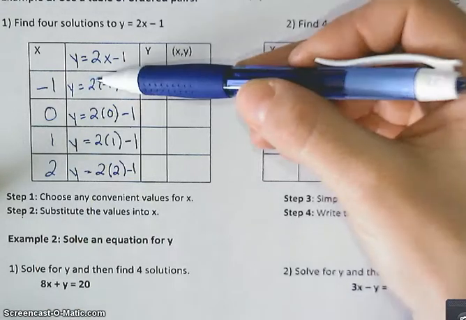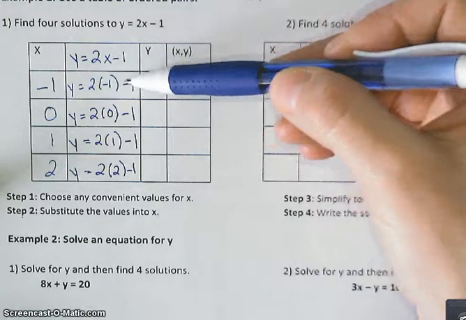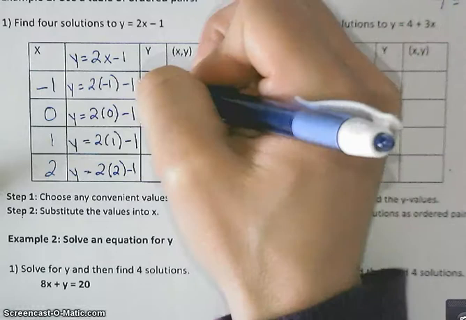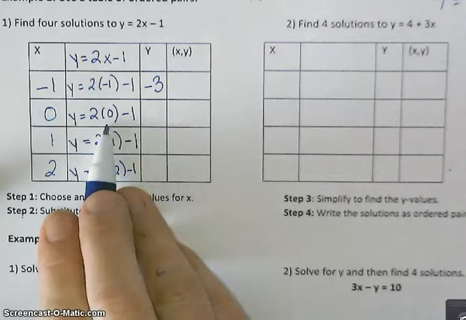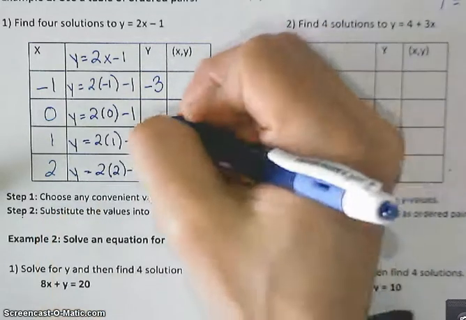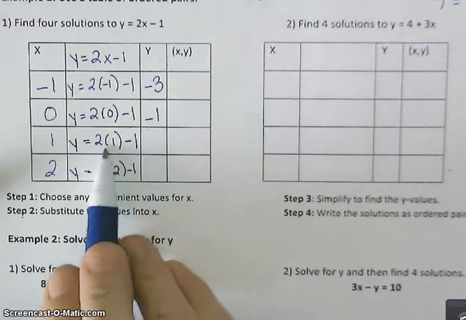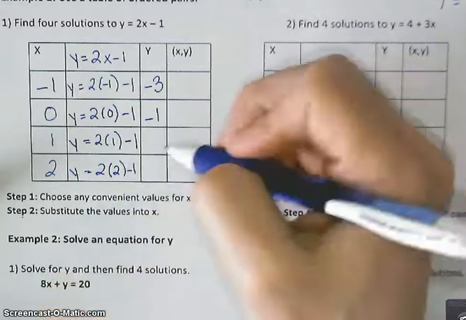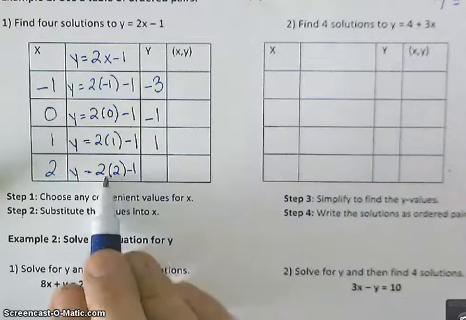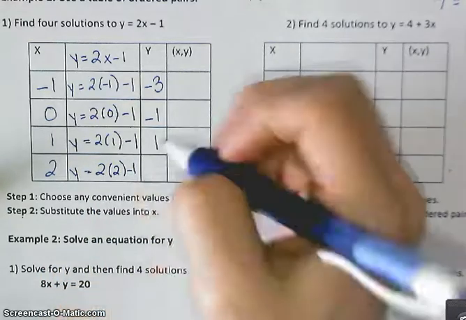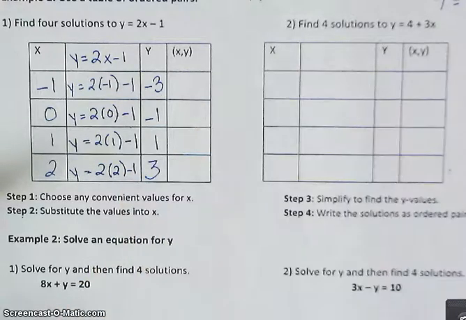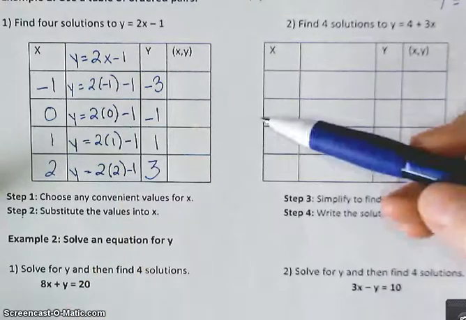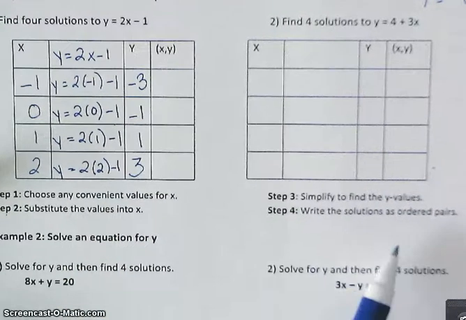So 2 times -1 is -2, minus 1 is -3. 2 times 0 is 0, minus 1 is -1. 2 times 1 is 2, minus 1 is 1. And 2 times 2 is 4, minus 1 is 3. Step 4 says write the solutions as ordered pairs.